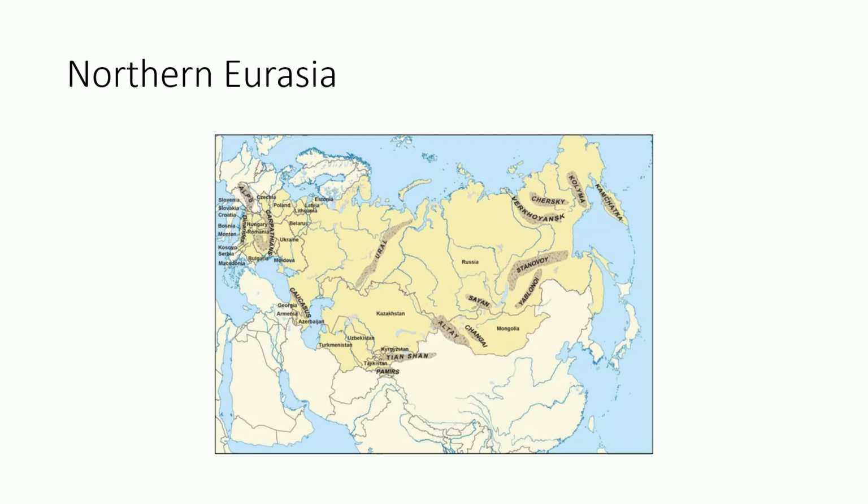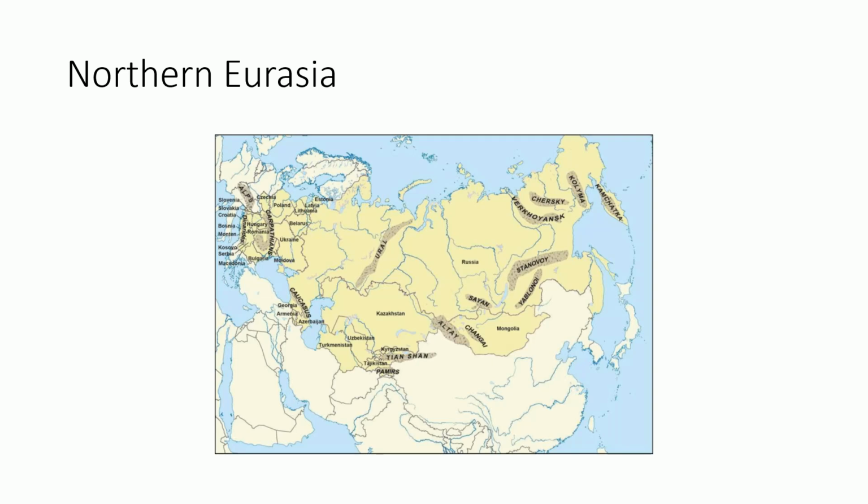Northern Eurasia is one of the most unique places in the world because there are strong influences from Europe. So European settlers, European traders, and European culture really influenced the people of Northern Eurasia. And so they adopted a lot of European customs and European ideas as their countries began to develop.